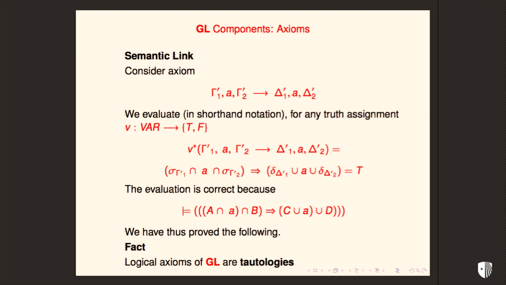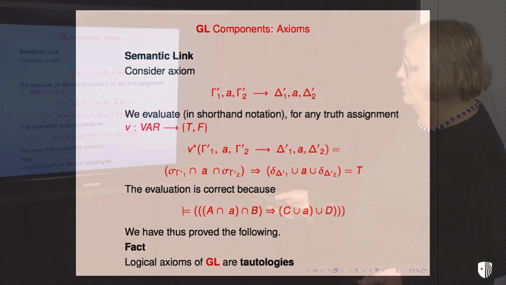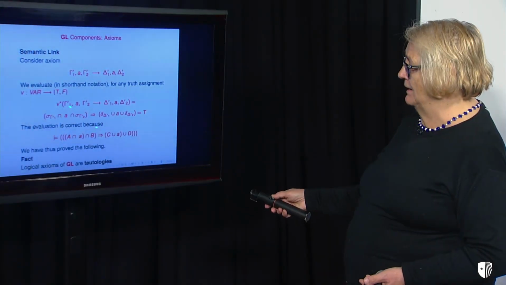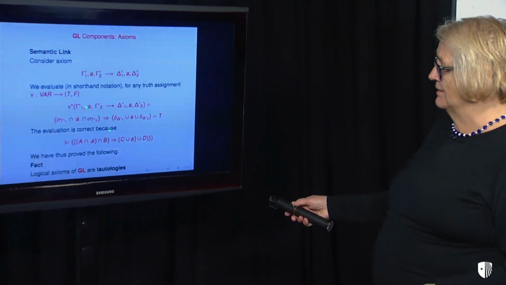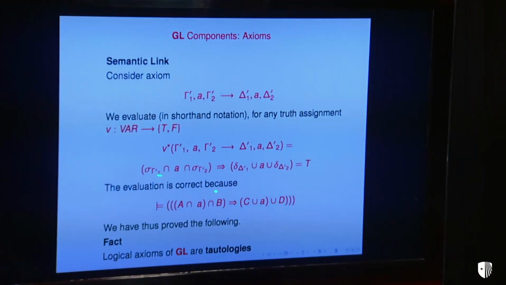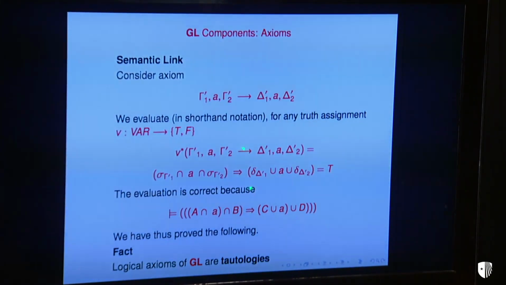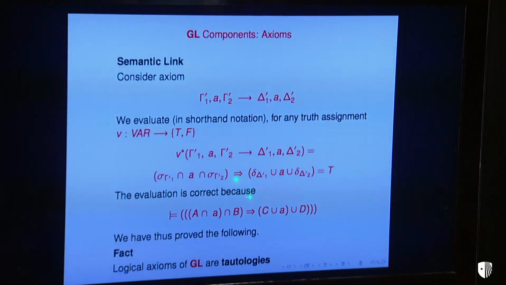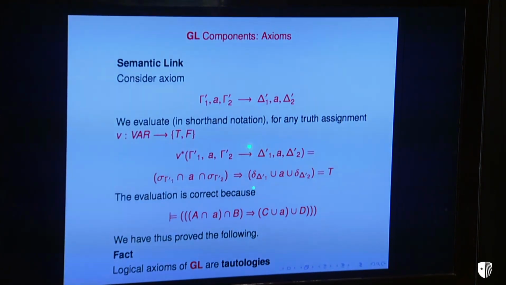Of this, you can write a shorthand: the conjunction of all gamma prime and A, and the conjunction of all this. So this is the left side. The Gentzen arrow is implication, and here everything is a disjunction.